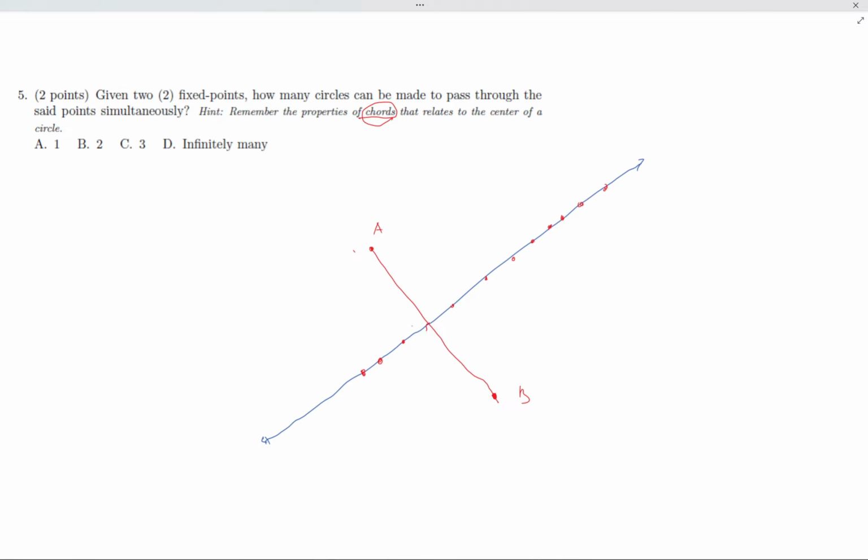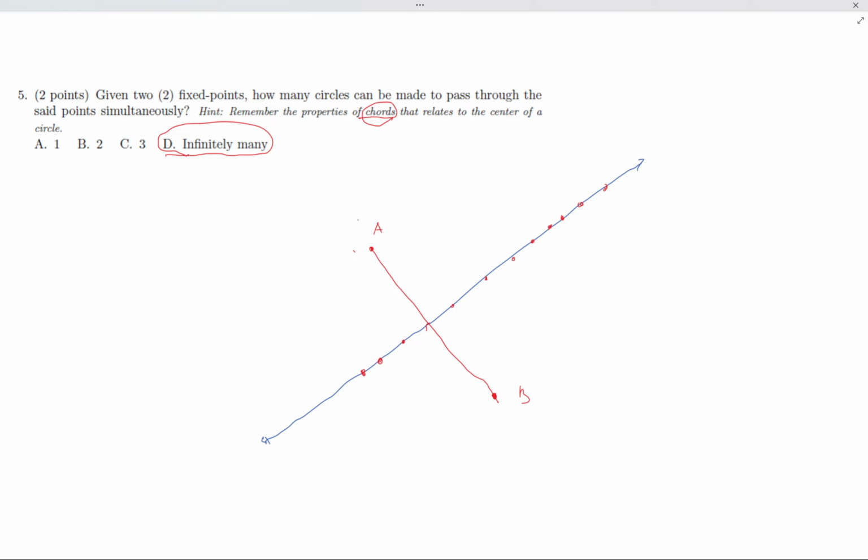Infinitely many possible centers would also correspond to infinitely many circles. So this means that the answer must be an infinitely many number of circles that we can make to pass through the points A and B.